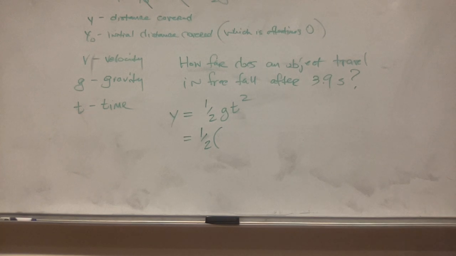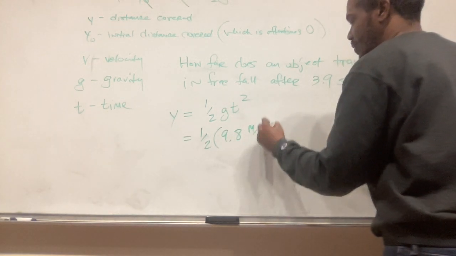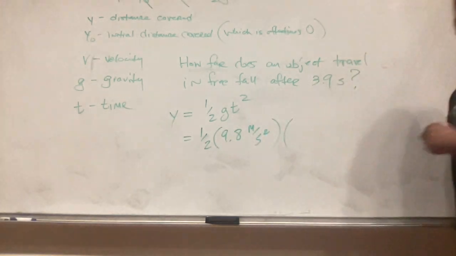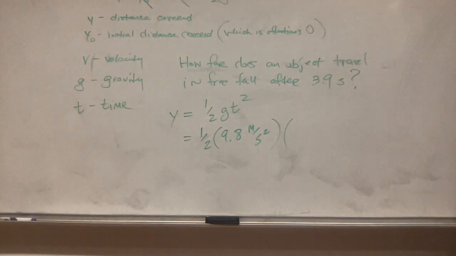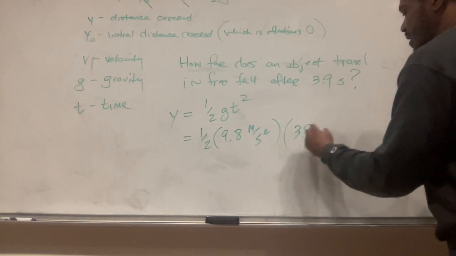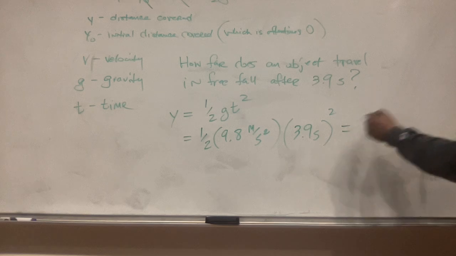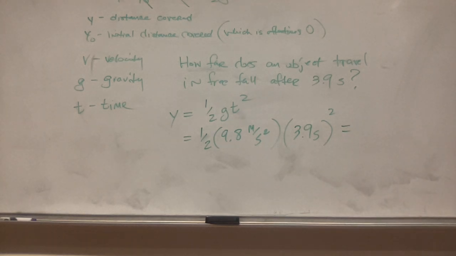So then I do what? I just plug and chug it, right? 9.8 meters per second squared, and then what? 3.9 seconds, right? And square that. What's that answer? I need to get an answer from 2 people, and y'all need to agree before we can move on.